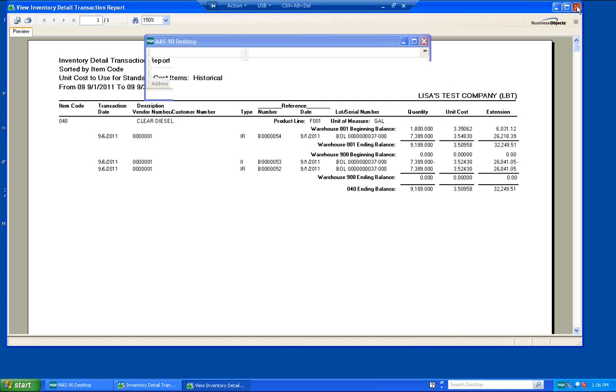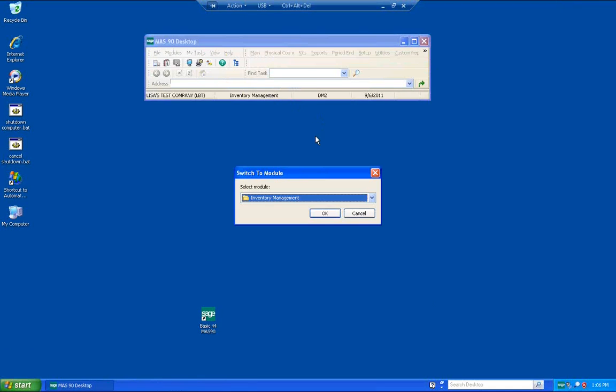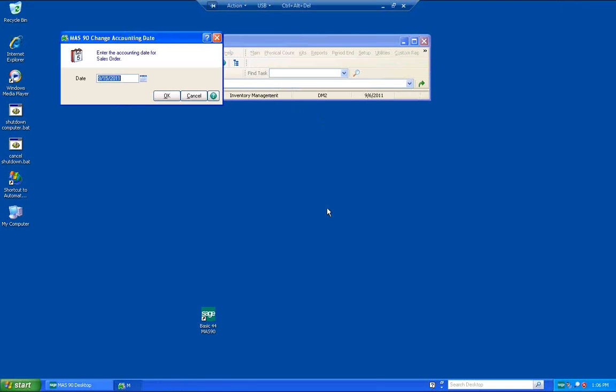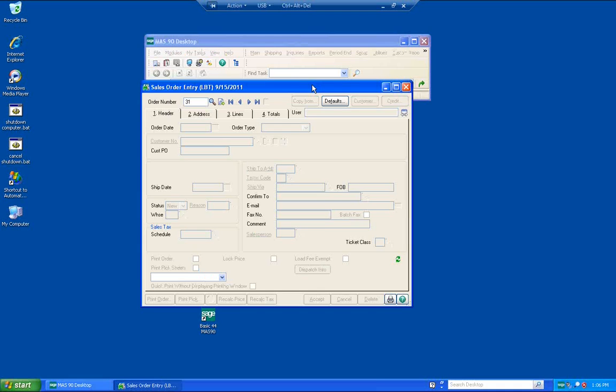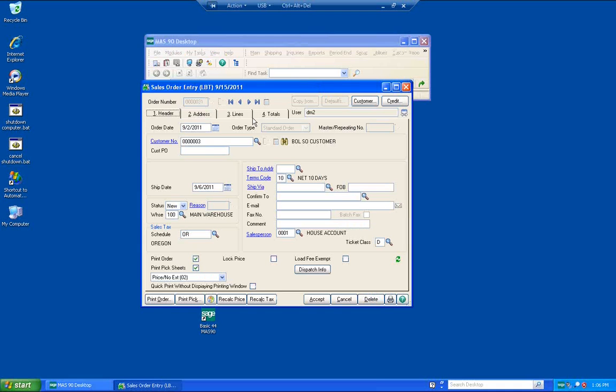Now let's look at a sales order type transaction. I have a sales order here. This sales order, the customer called in on Friday, September the 2nd, for delivery on September the 6th.